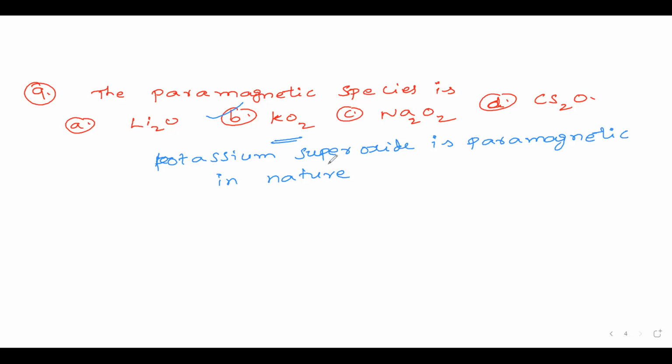This already we know. In the next session, we'll discuss that. So potassium superoxide is paramagnetic in nature because the oxidation state of oxygen in superoxides is -1/2. Very, very important point.